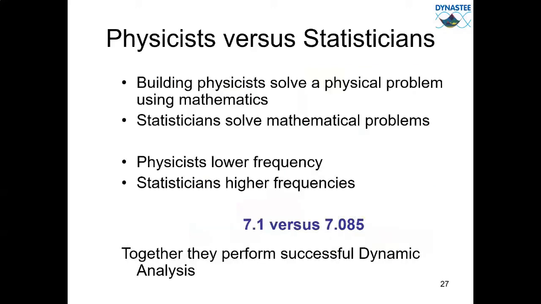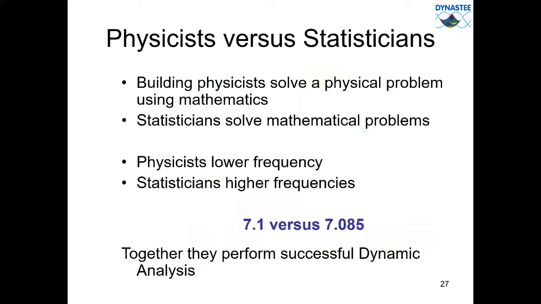What we have found out more: I started my presentation by saying that the Dynastee is a multidisciplinary grouping. During more than 25 years, it became clear that in particular building physicists and statisticians did not always have the same opinion and development aims. We concluded that building physicists solve a physical problem using mathematics, whereas statisticians solve mathematical problems.